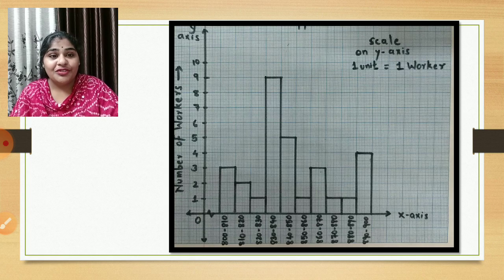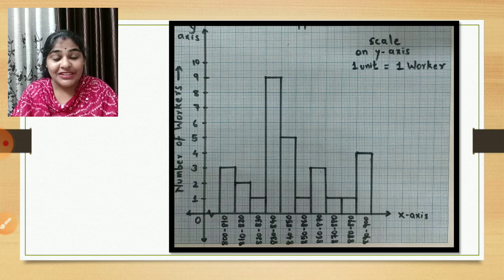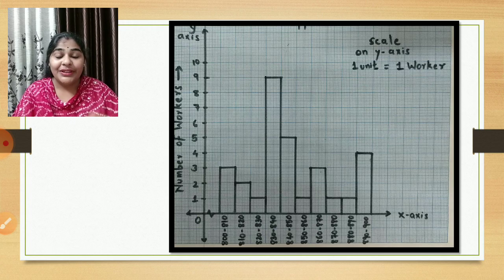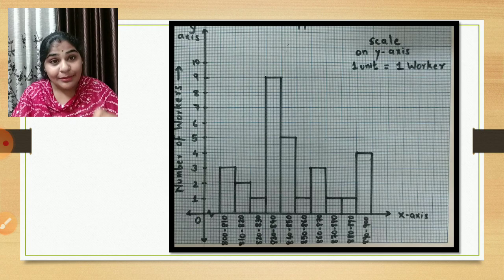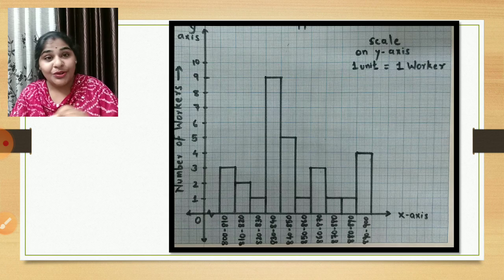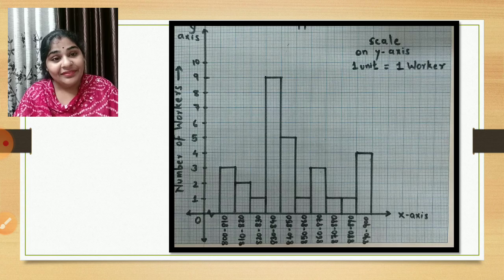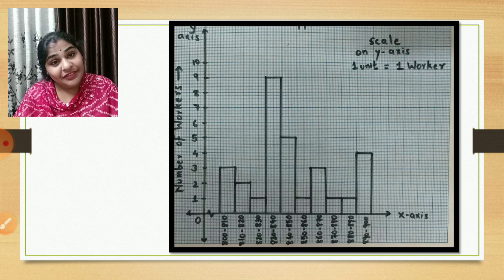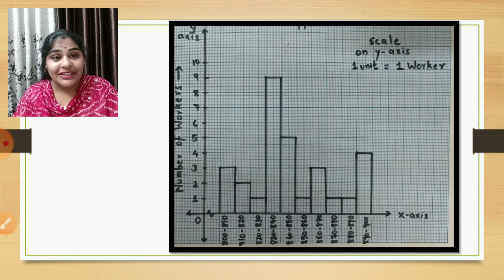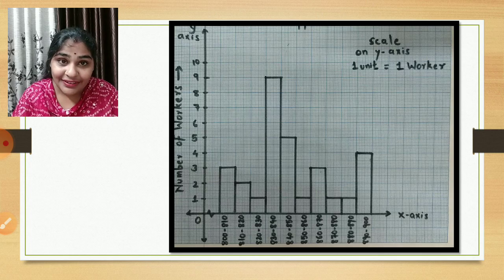So here I have shown one broken line. If you see here, from 0 to my first class interval, that is 800, we have no data. So we are showing there a broken line representing that from 0 to 800 we are not showing any data. Understood? And from next we will take our first class interval, that is 800 to 810.